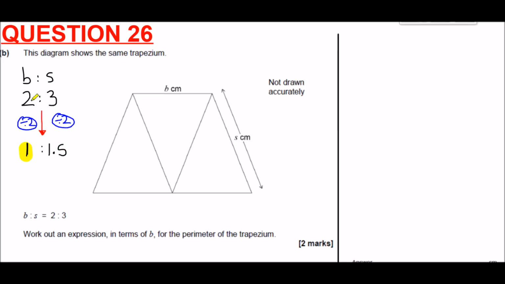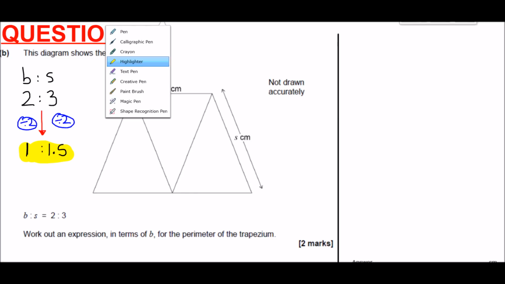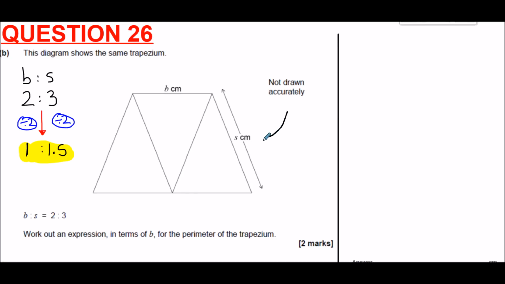What this means is, if b is just 1, s is 1.5 times bigger than b. We want this in terms of b, so we can replace s with what s is equal to, which is 1.5b.